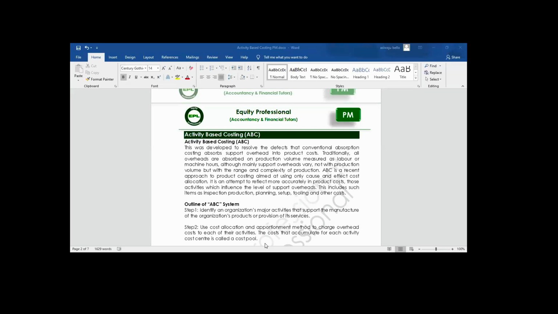We have rented a factory where we manufacture Coke, Sprite, and Fanta, and we have incurred a rental cost of 1 million naira. Factory rent: 1 million. Now the question is, how do we share this cost to the different products?